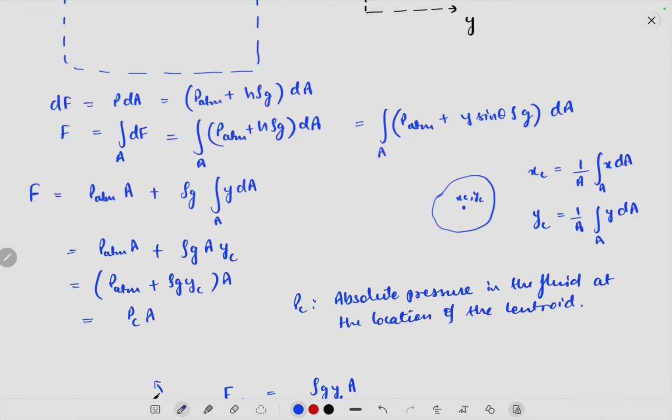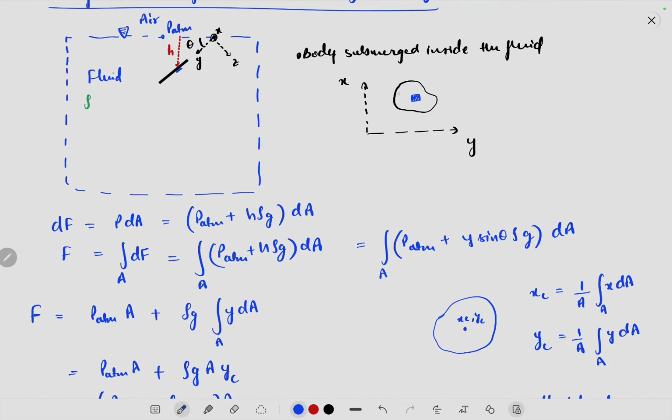Since pressure acts normal to the surface, the pressure is in the z axis, and from here we see that z is into the plane, so the pressure is normal to this surface, right?